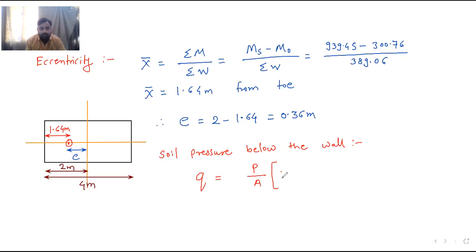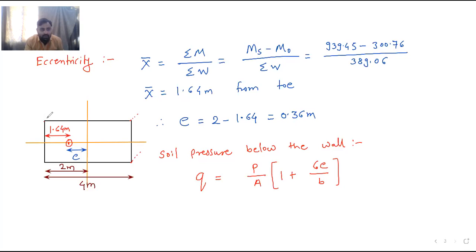in bracket 1 plus 6E by B. 6E by B. P is nothing but here we have used summation W. And what is the area? Area will be our length, which is this 4 meter, and width we have considered, which is at the back, it is 1 meter.